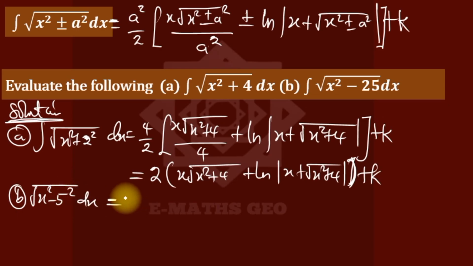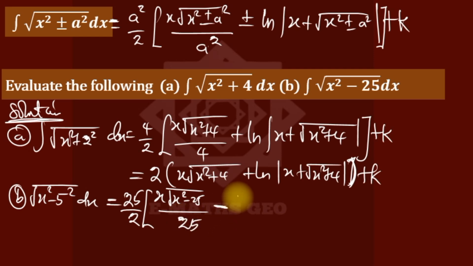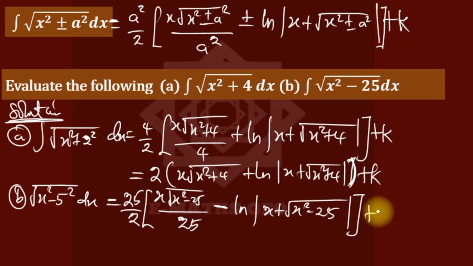So in this case, a squared is 25, over 2 times x times the square root of x squared minus 25 over 25, minus ln of x plus the square root of x squared minus 25, plus k. So that's it. Whenever you have this integral, that is the formula. Thank you.